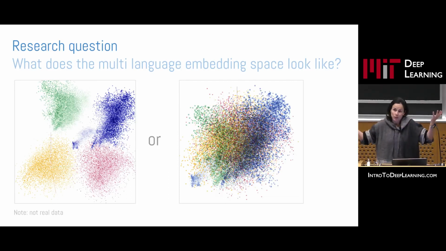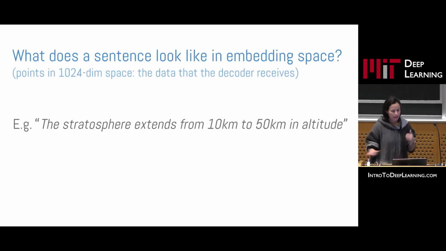But we had no way of knowing, so we decided to visualize. And how might we visualize this? Imagine I have a sentence that says something like, the stratosphere extends from 10 kilometers to 50 kilometers in altitude, okay? What does that look like in high-dimensional space?